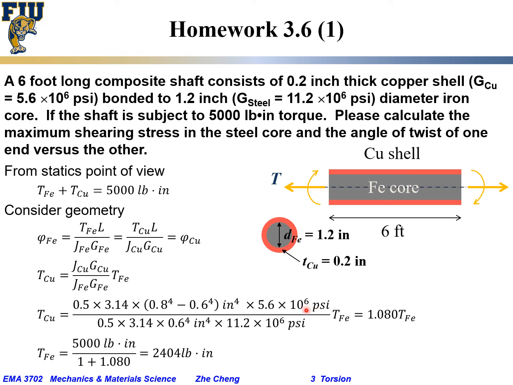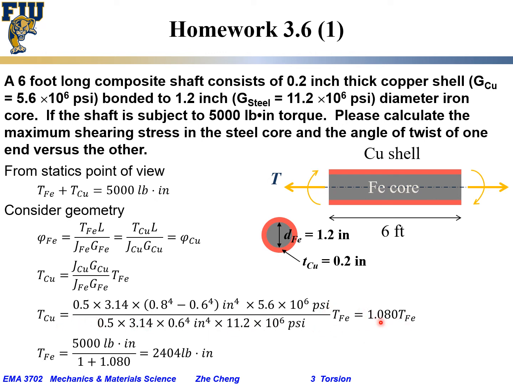And then for the iron core, the moment of inertia is half pi times radius to the power 4, where the radius is 1.2 divided by 2, which is 0.6 inch, to the power 4, times G for iron, which we said is 11.2 times 10 to the power 6 psi. If you plug in the numbers, you get T_Cu would be 1.080 times T_Fe.